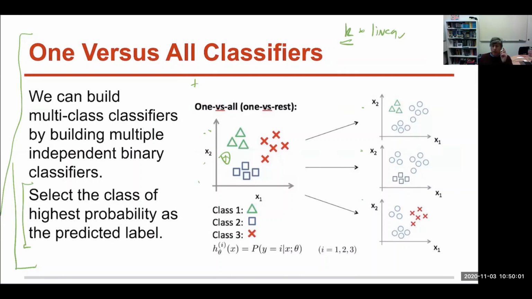Even if we started out being very diligent about getting an equal number of members for each class, by the time we label these things, each one of these is going to have x positive examples and k minus 1 times x negative examples.